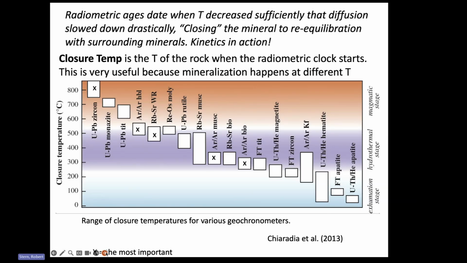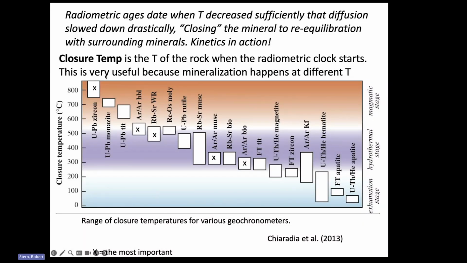You've got to close the mineral to re-equilibration with the surrounding minerals. And this is a good example of kinetics. And so this closure temperature is the temperature of the rock when the radiometric clock starts.